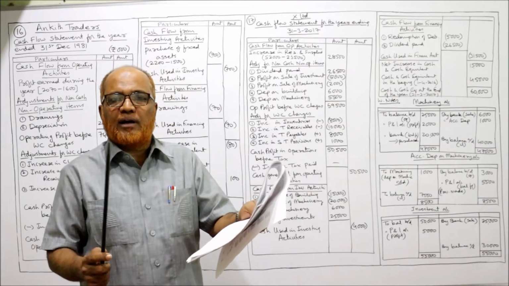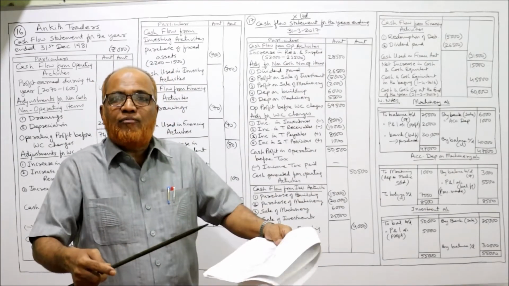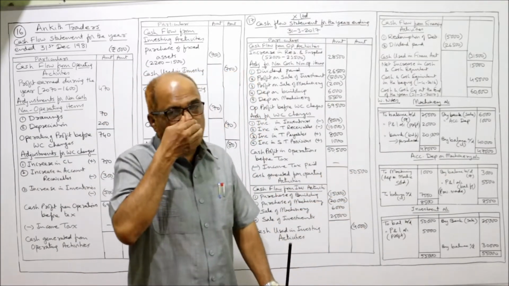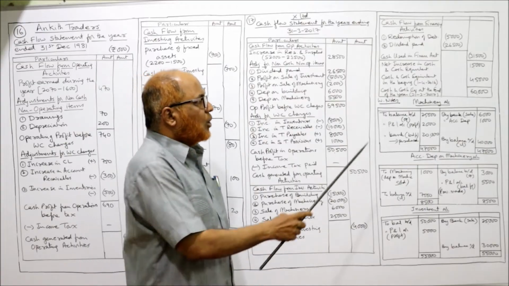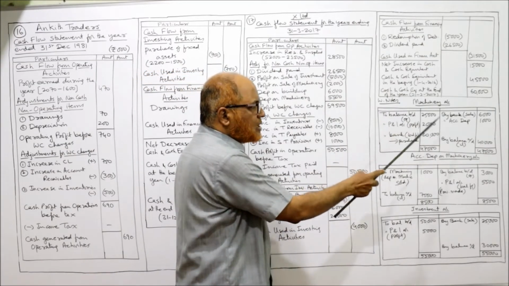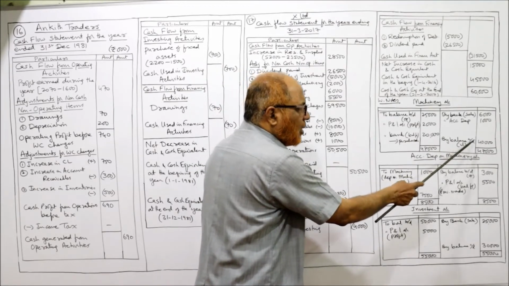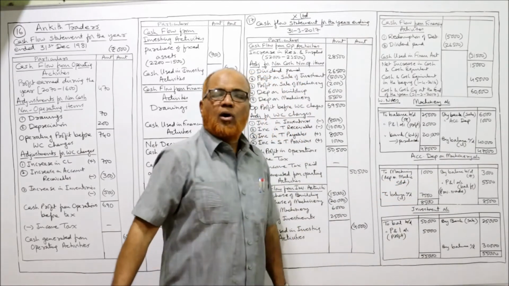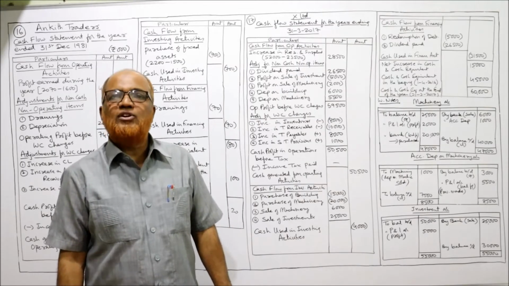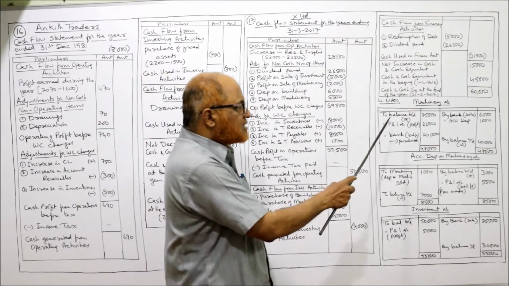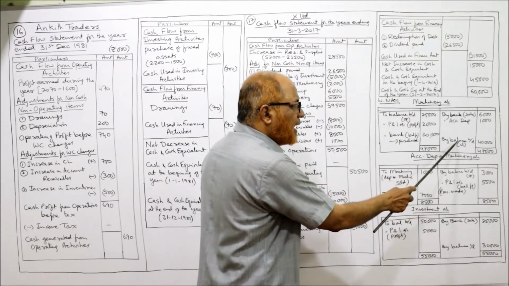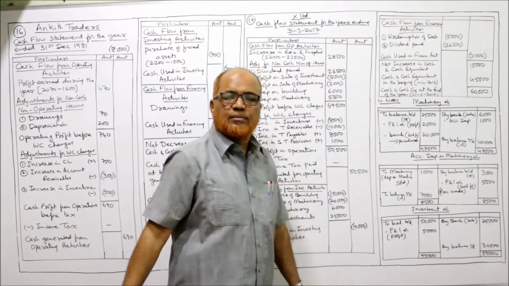Now come to machinery account. Because there is a sale of machinery, so I have opened two accounts, machinery account and accumulated depreciation account. See carefully. Opening balance, to balance brought down, opening 25,000, by balance carried down 40,000, closing. Already in the previous problem I told you, machinery is an asset. It will show debit balance. The debit side, to balance brought down 25,000, credit side by balance carried down 40,000.